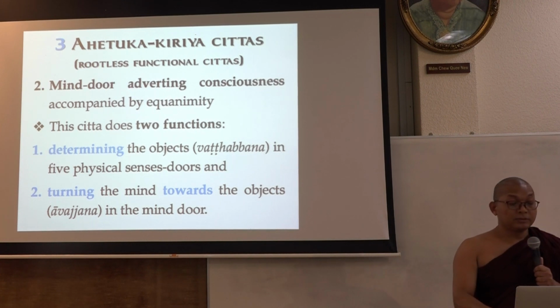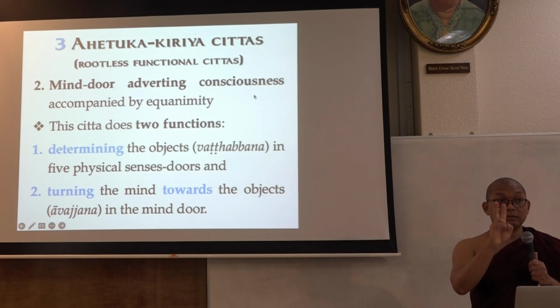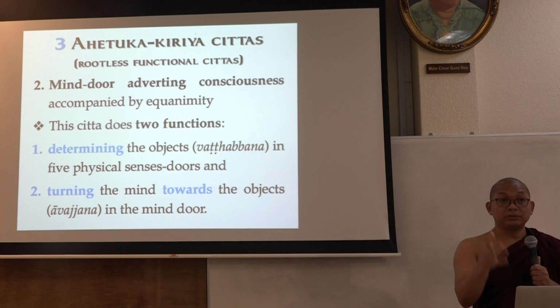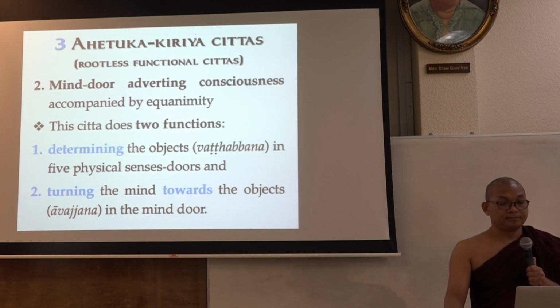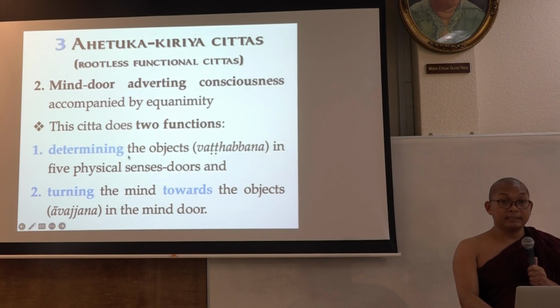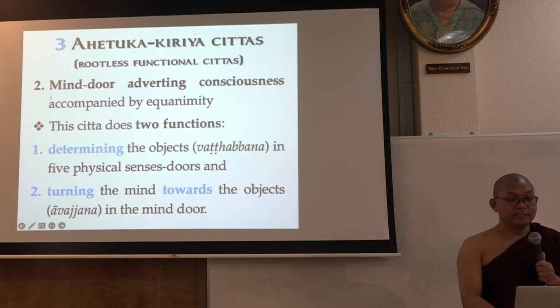Mind process. So therefore, mind door adverting consciousness does two functions. One, determining the object in the five physical doors. Number two, turning your mind toward the object in the mind door. So when you see determining consciousness in the mind process, you must know that it refers to this one, mind door adverting consciousness.